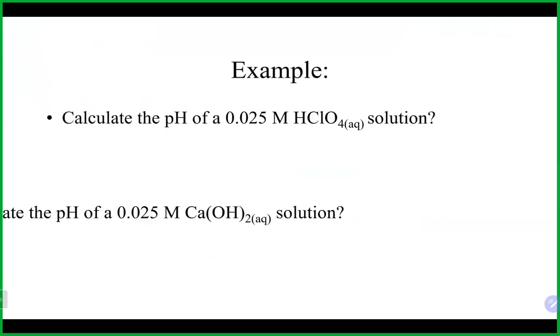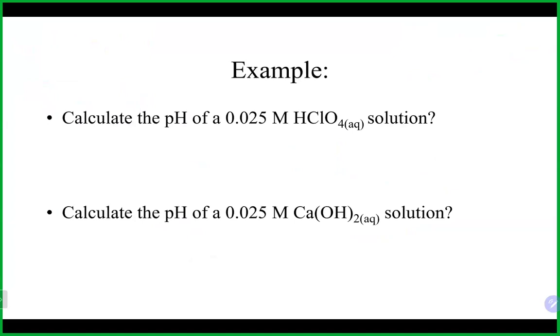All right, so why don't you try a couple here? These are both a strong acid and a strong base. We're looking for the pH of each of these solutions, so see what you come up with. Let's take a look. So obviously this is going to be a strong acid, which means this perchloric acid will 100% break apart into H plus and perchlorate here.